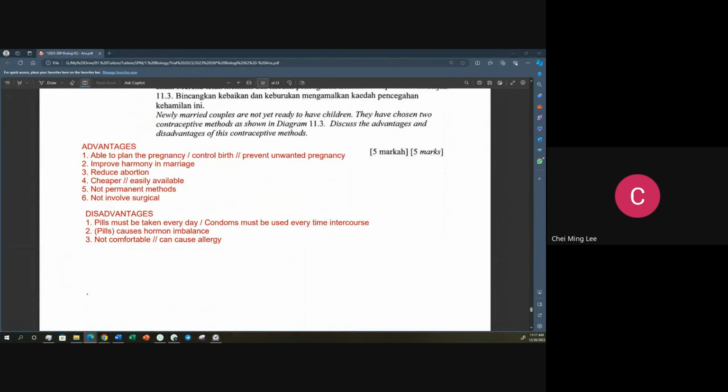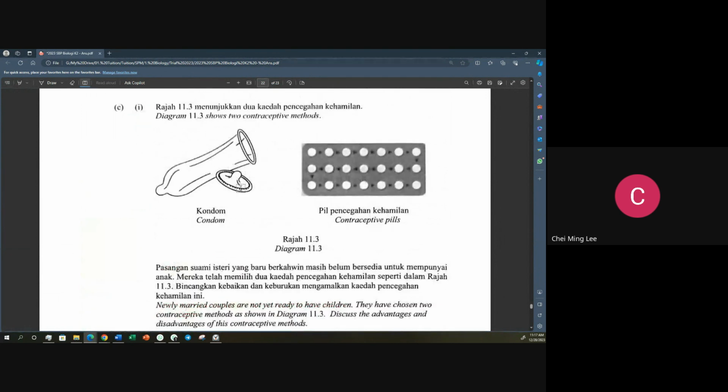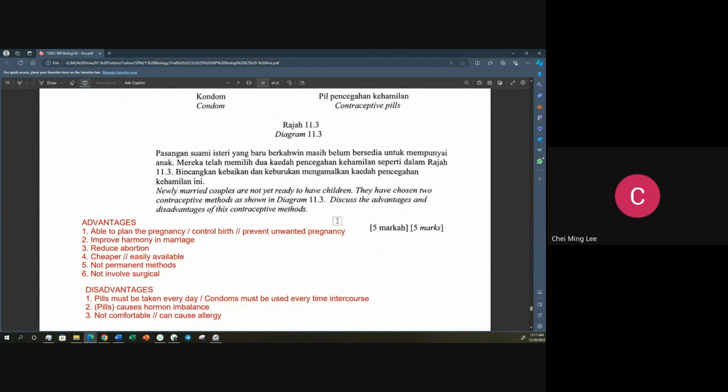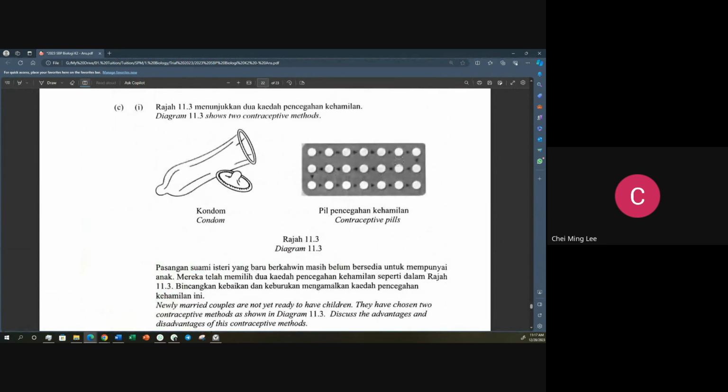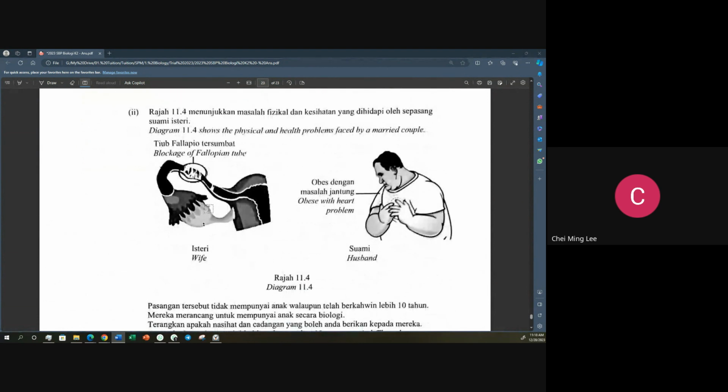If you write it this way, it is also acceptable. Because sometimes there are two ways here, so maybe if your answer is according to just one of the products, then it's acceptable.